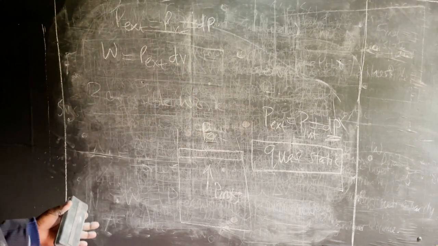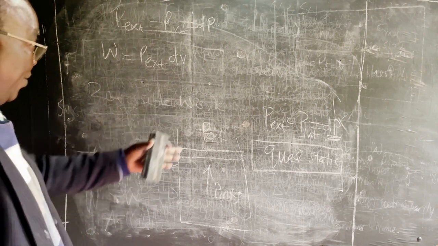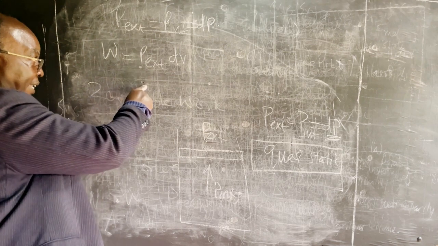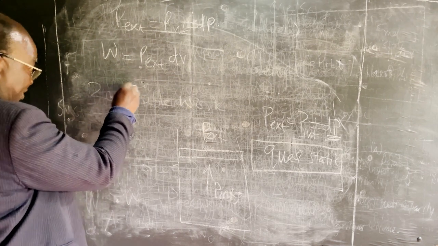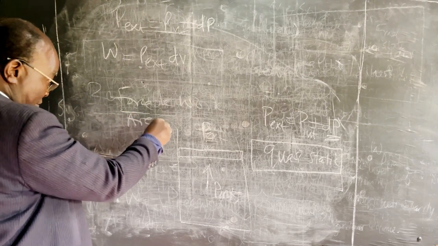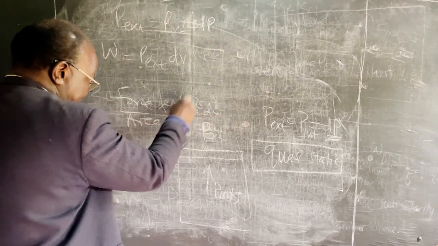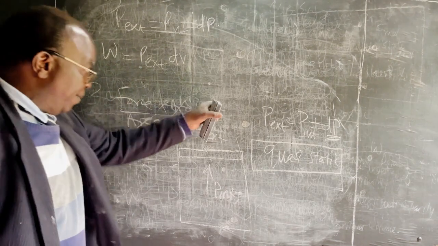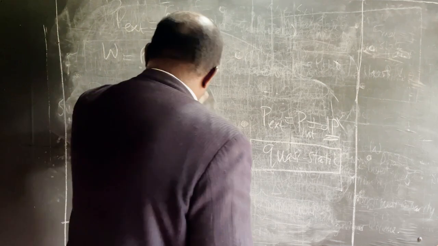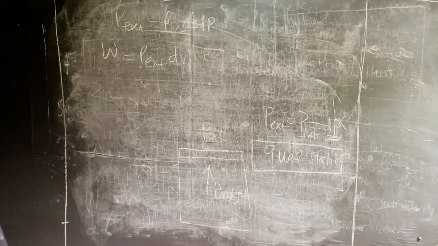This is clear to us, like we have already seen when we derived the expression for external work. What is pressure? Force over area. And then we have volume. Volume is area times displacement. So the areas cancel out, you get force times displacement, and that is work. So that's the expression for work. Always remember that W is equal to P dV, that's pressure times the change in volume.